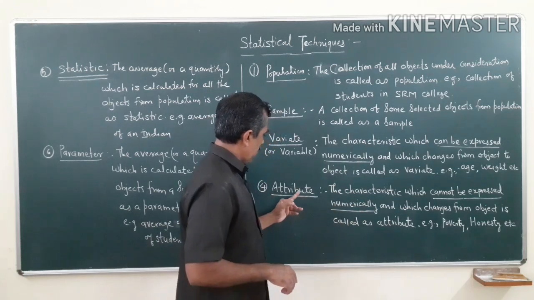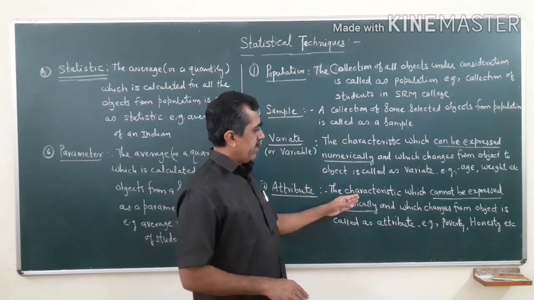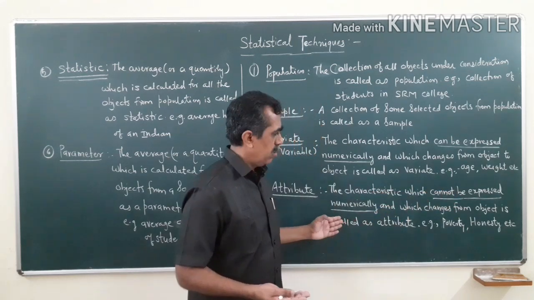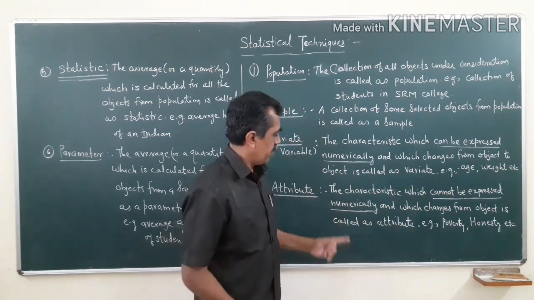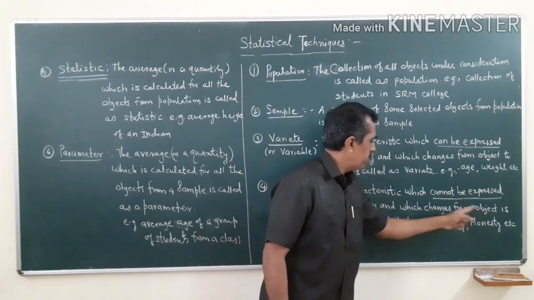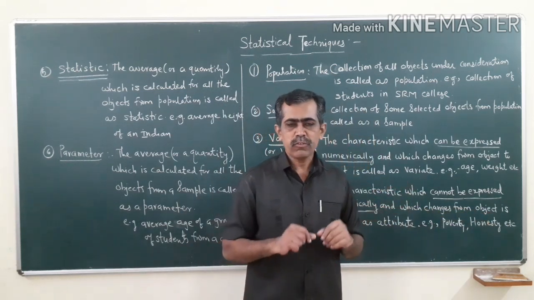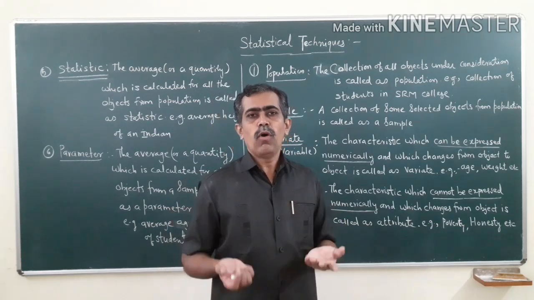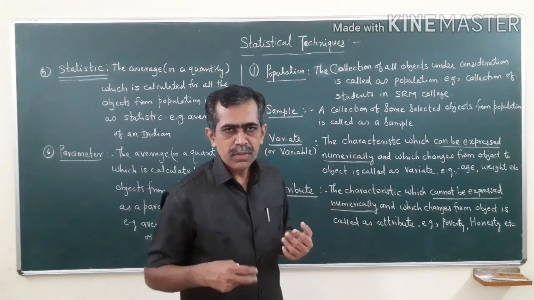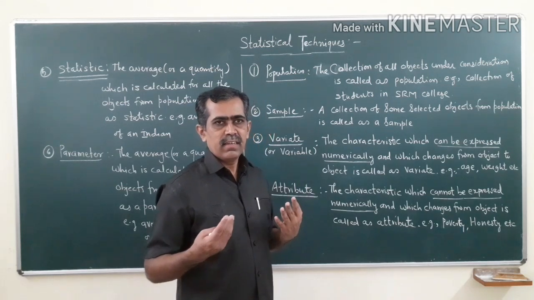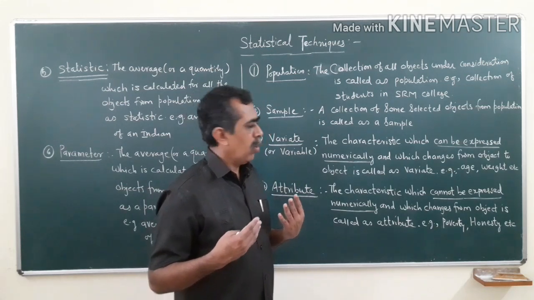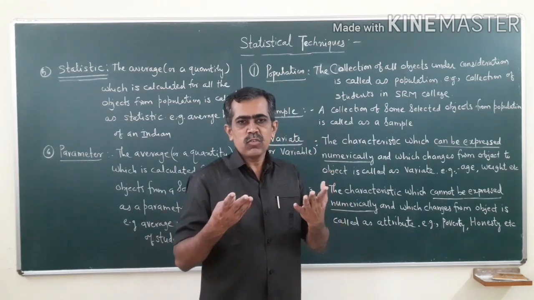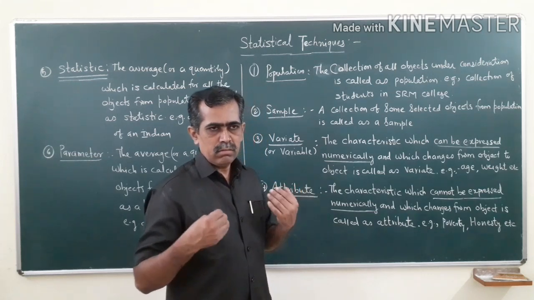Now see, there are certain characteristics which change from object to object, but which cannot be expressed numerically. For example, intelligence, poverty, honesty, cruelty, etc. These are characteristics or qualities whose existence only can be checked.